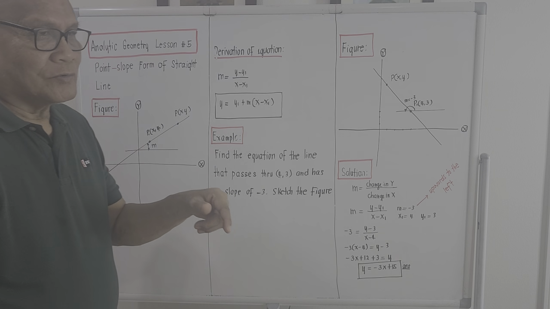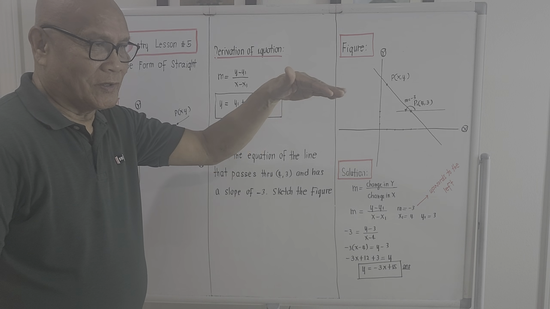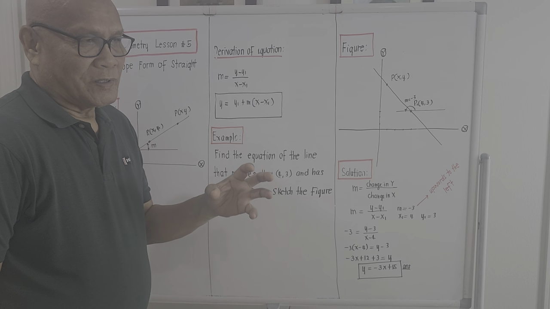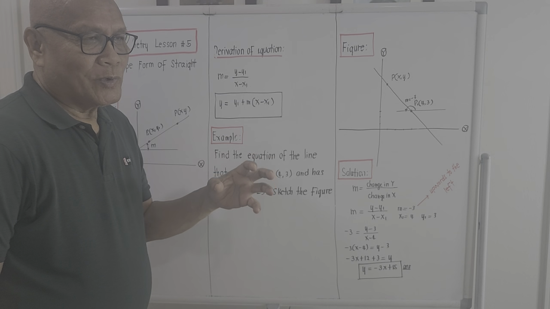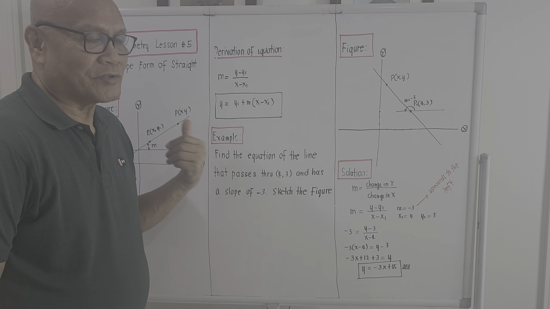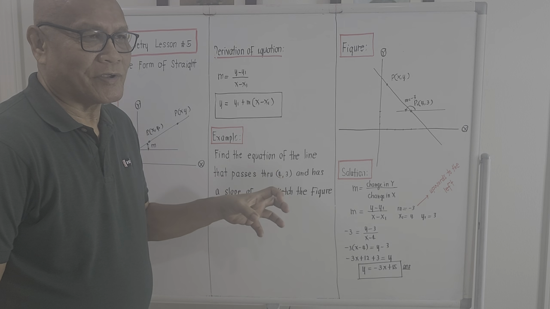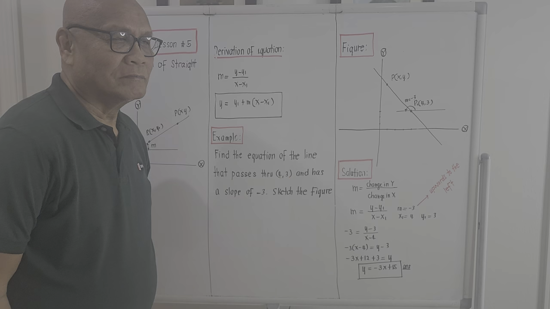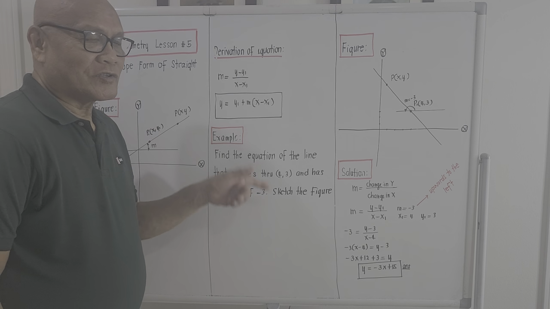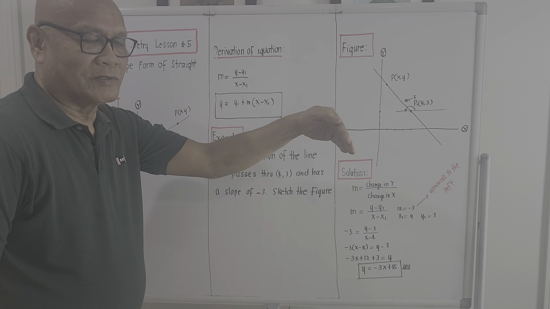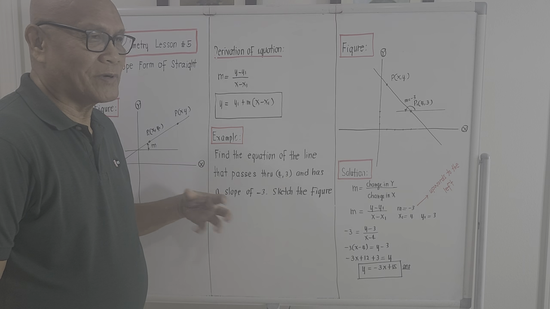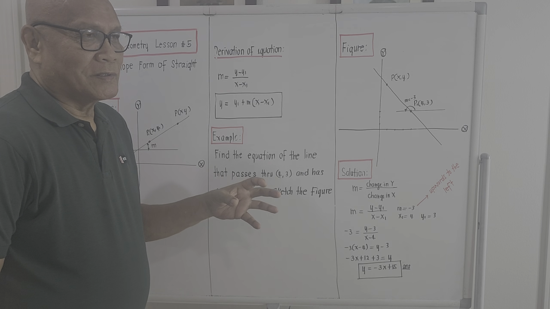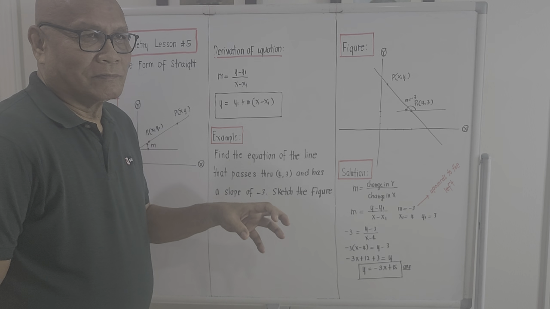It is similar to case number 2 from the previous discussion. But the point we are mentioning here on this topic is not the y-intercept. It's another point that lies on the straight line. So case number 2 from the previous discussion seems similar to this one, but the points are not the same.